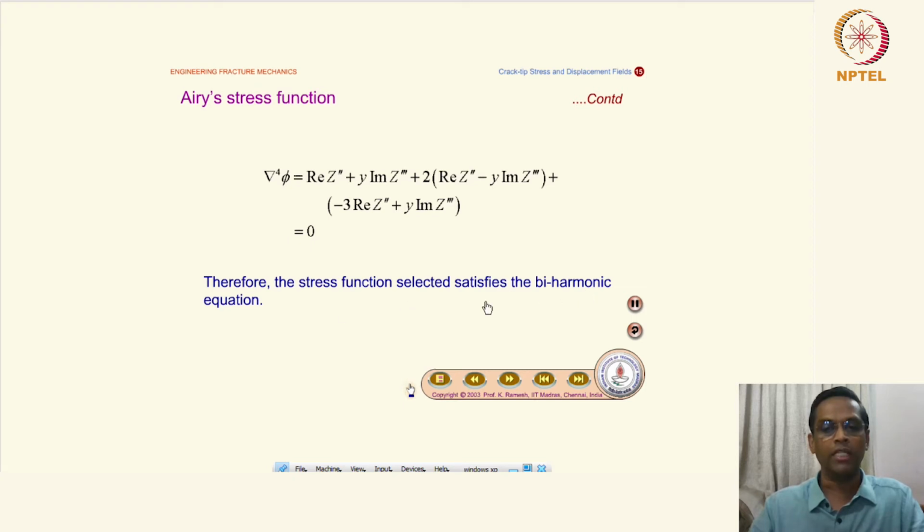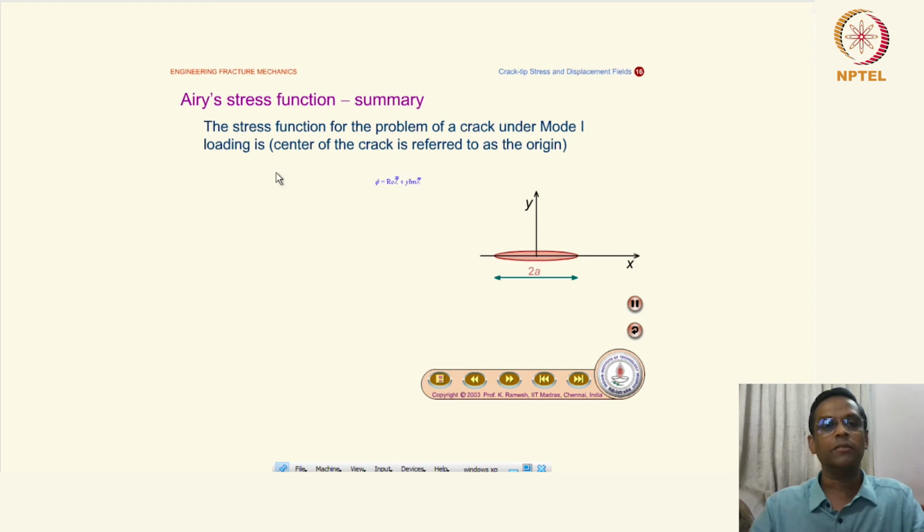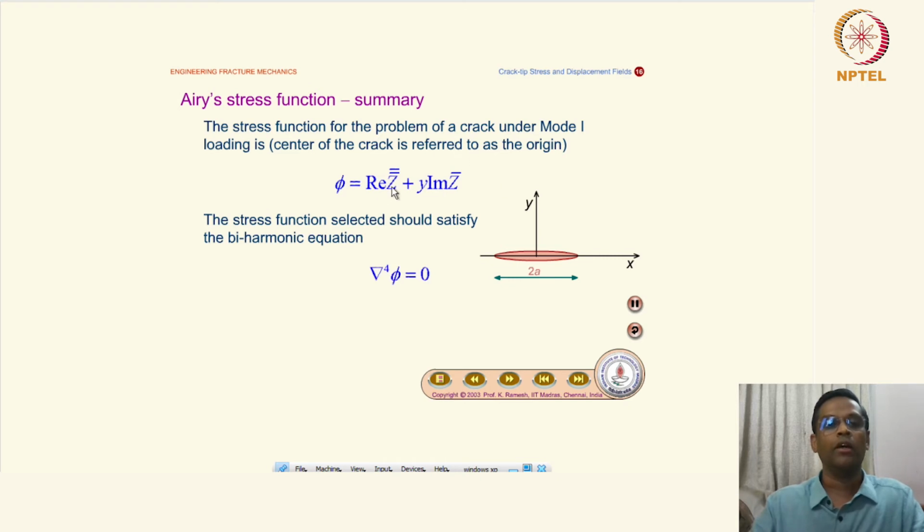So it is satisfying the biharmonic equation, and then we will also see the summary of this just for clarity. So this is a function phi is equal to real part of z double bar and y imaginary part of z bar, and then it is the condition, and this is a coordinate for this.